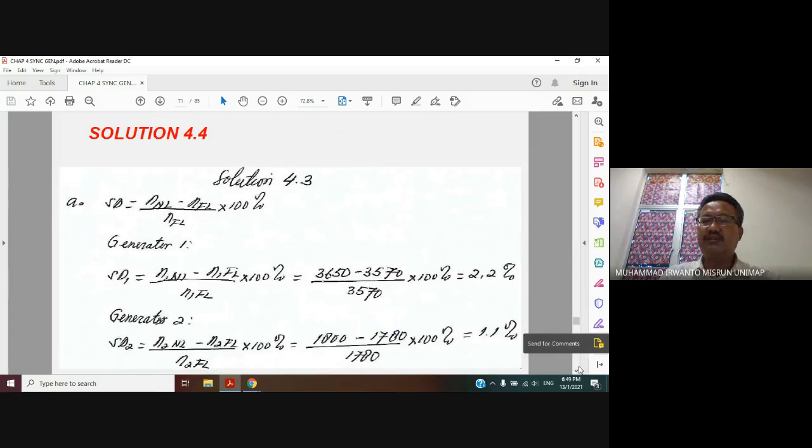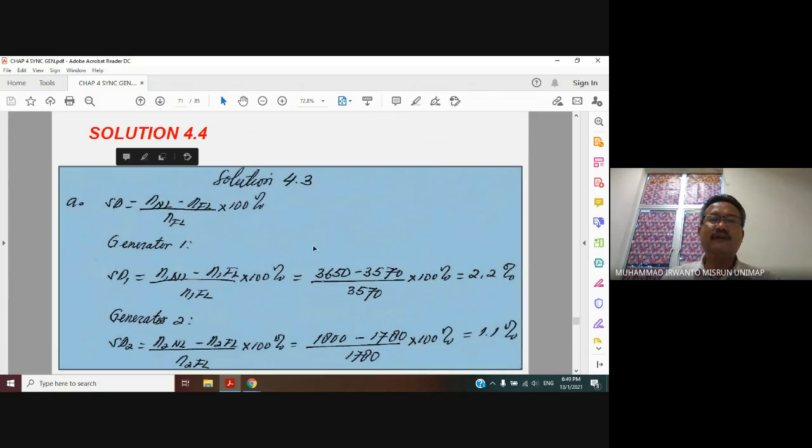Okay, for the solution, first we want to find the speed drop and evaluate whether it is acceptable or not. The formulation of the speed drop is no load speed minus full load speed, divided by full load speed, multiplied by 100%.